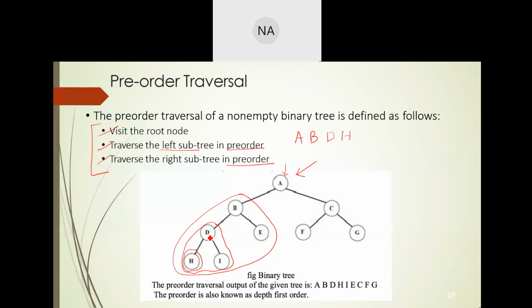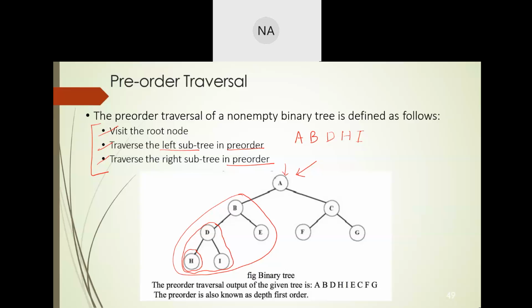In the same way, you will traverse the right subtree of node D. I is the root node of that subtree, and the left and right children are both null, so nothing will get printed. In this way, the left subtree of node B is entirely traversed.